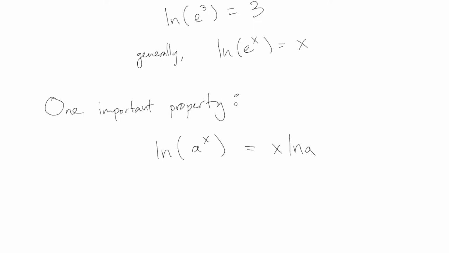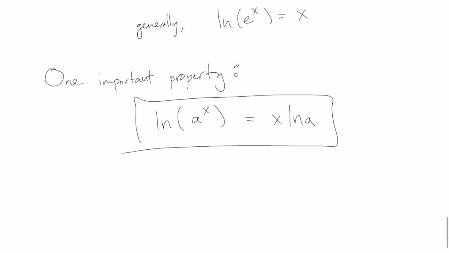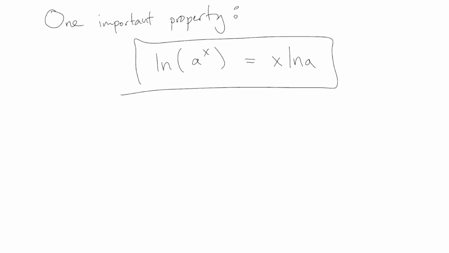This is a basic property of logarithms, and from our point of view in this class, this is the most useful fact about logarithms. The reason this is useful is that it lets you move the variable out of the exponent.